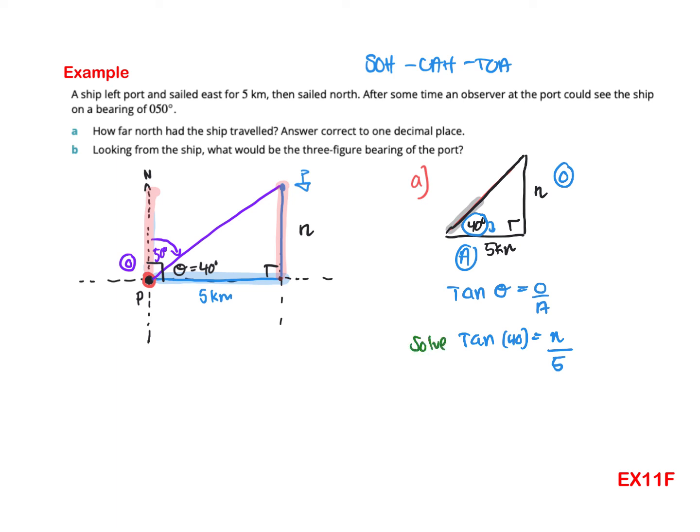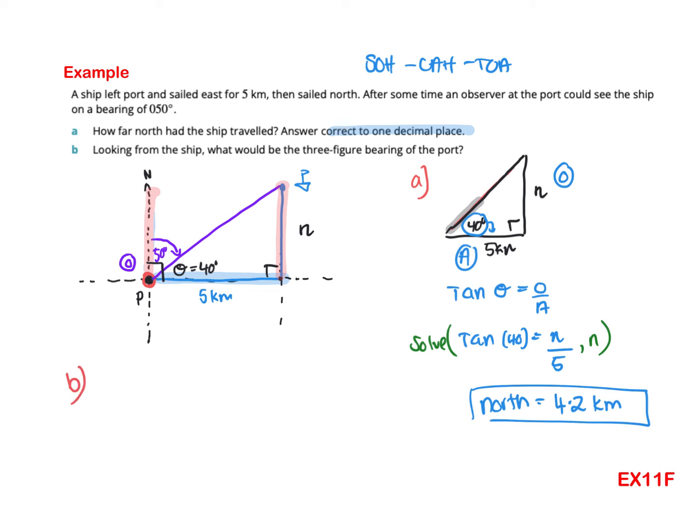Remember, we can pop that in our calc, and we're going to know how far north it was. Okay, so let's go check what decimal place they want. So 1 decimal place. So I got 4.19, so that becomes 4.2, and they were talking in kilometres, so there's my answer for there.